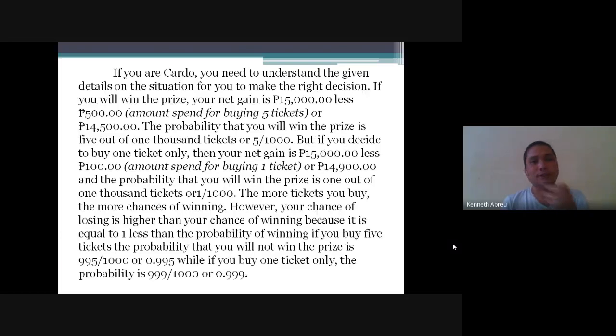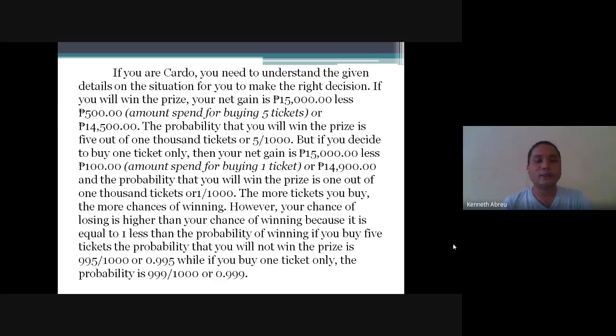If you are Cardo, you need to understand the given details on the situation for you to make the right decision. If you will win the prize, you net gain of 15,000 pesos, less 500 pesos because it is the amount spent for buying 5 tickets, or 14,500. The probability that you will win the prize with 5 out of 1,000 tickets is 5 over 1,000.